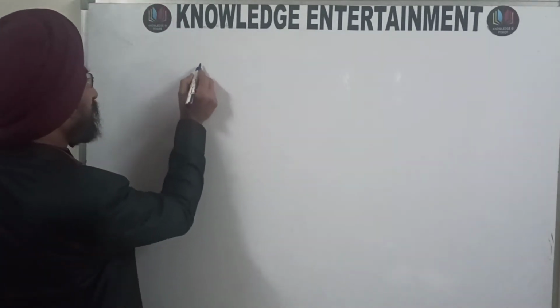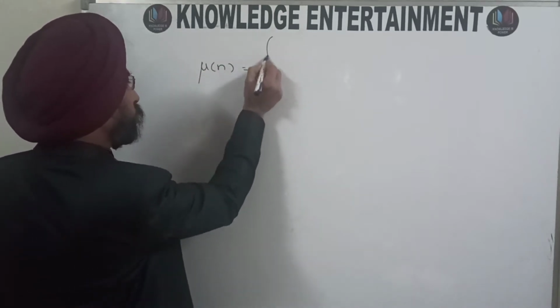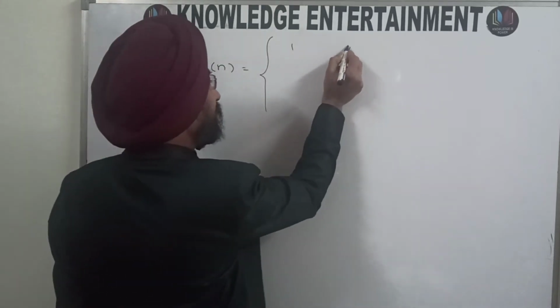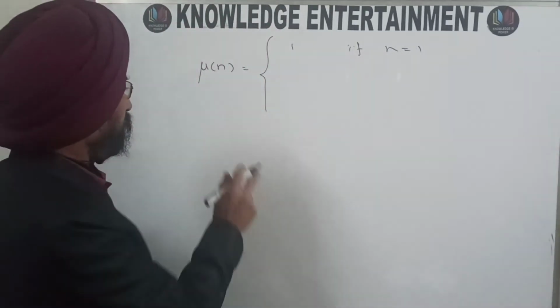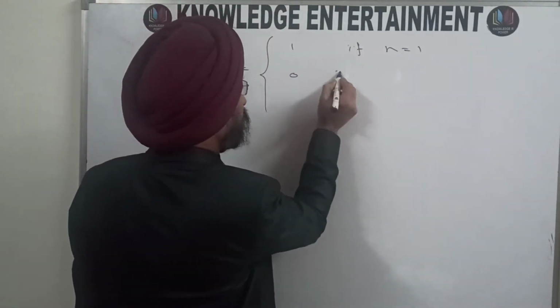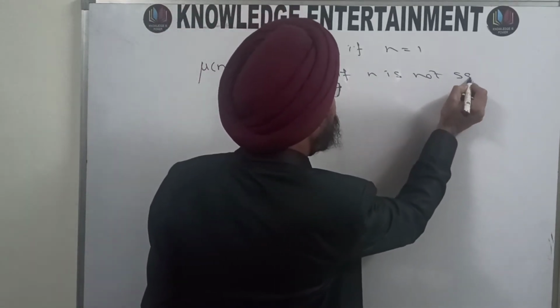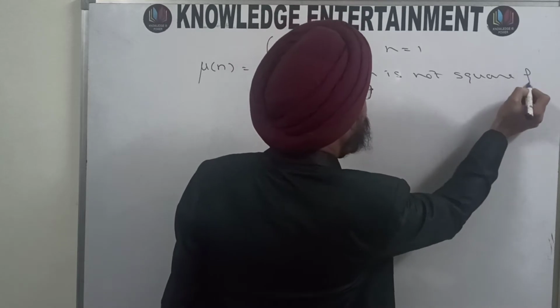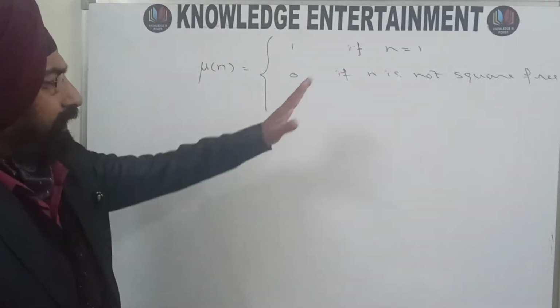So Mobius function is denoted by mu, and mu n is equal to 1 if n is equal to 1, mu n is equal to 0 if n is not square free. Not square free means some perfect square completely divides n.